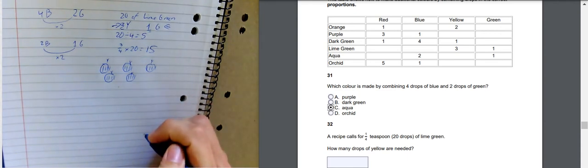And the 1 out of every 4 will be the green. 5 threes are 15. Sorry, 15 will be yellow, 5 will be green. So, I don't think I can write an answer in here. Oh yeah, I can. 15 is what we're looking for.